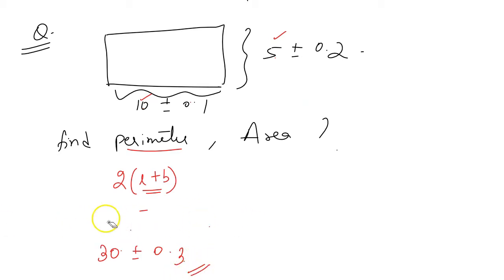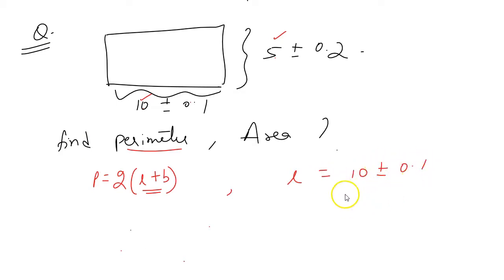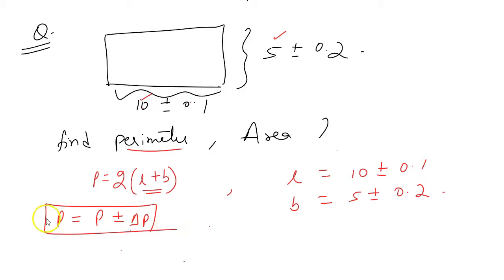Is this the one you are getting? Let us see the complete details to get the exact right answer. Okay, this is the perimeter that we have got. Now, L is 10 plus minus 0.1, B is 5 plus minus 0.2. The perimeter will be written as P plus minus delta P. Let us first find P. P will be 2 into L plus B, so 2 into 10 plus 5, that will be 30.